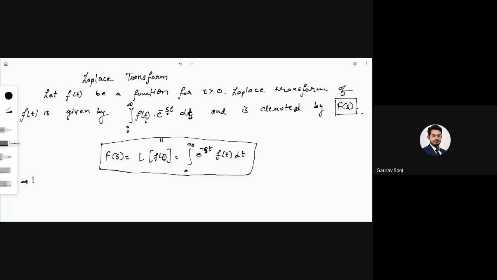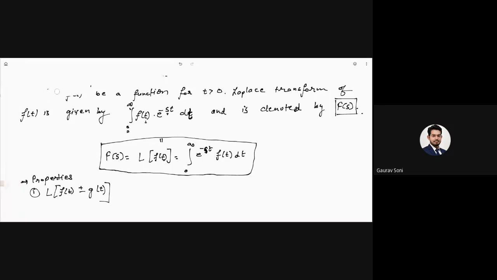So, properties. The first and very important property: Laplace transform of f of t plus minus g of t. What happens when you take the Laplace transform of an addition or subtraction of two different functions? I will use the definition and see what happens.